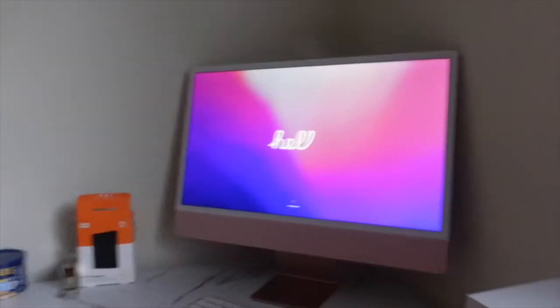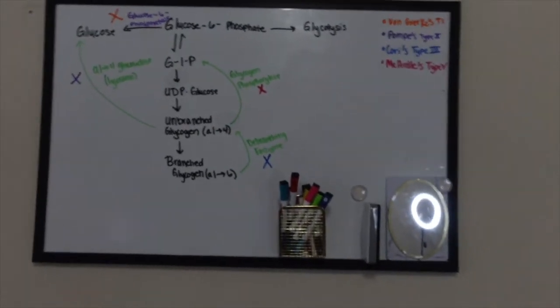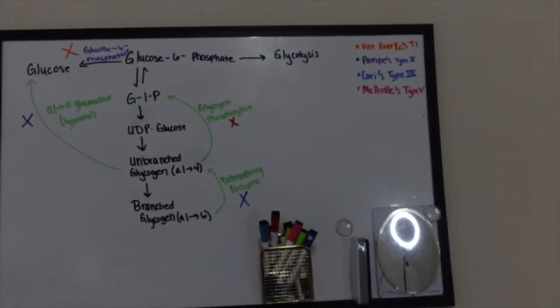Okay, y'all, this is what it's doing. It's asking me to connect my mouse, and I did. Oh my gosh. Hello. This is my little area. As you can see, I have my whiteboard, learning about the glycogen storage disorders. I hung up my picture, my little cozy area if I don't want to be at the desk, and I was making flashcards.